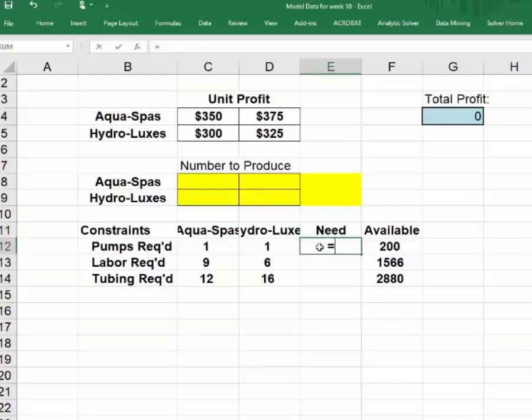For this part, basically we want EquaBus multiplied by pumps used, plus this multiplied by, this is also the EquaBus, right, multiplied by this again, plus the HydroLux times the HydroLux pumps needed would be this value here.